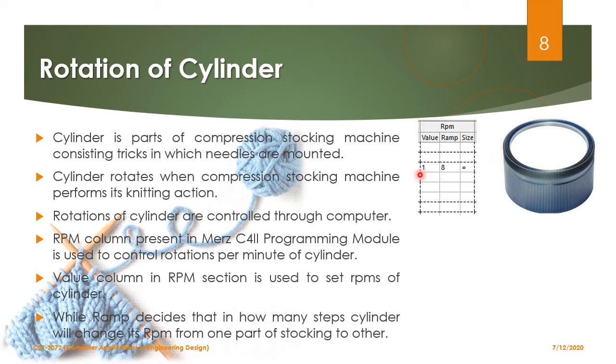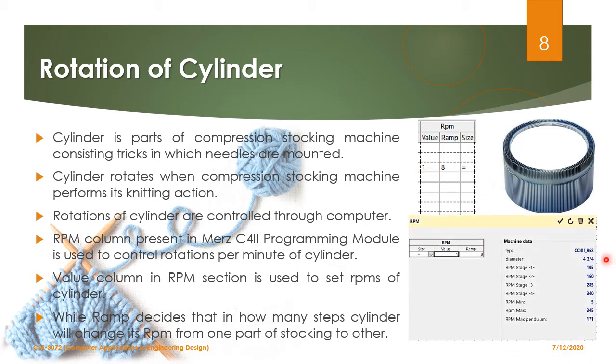For example, we enter a value here and the RPMs are adjusted on the machine. The value 1 indicates the RPM 105, while the value 2 indicates the RPM 160. Similarly, this goes till value 4, while when we enter the value 5, the actual RPM of the machine is 5. It is a ramp column, and we will discuss this column further in detail.